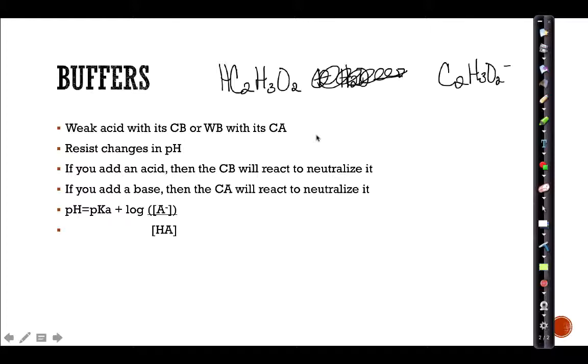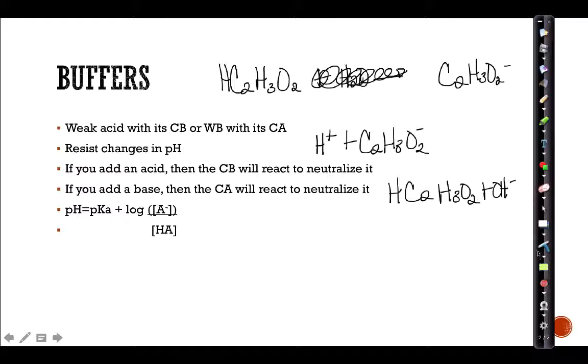Well, the acetate is going to react with it and neutralize the acid. If I add a base to it, I also have an acid present, and that will react with the base that I'm adding, and that will neutralize it. So I have two components here, and basically it will resist changes in pH because one or the other is going to react to whatever I'm adding to it.